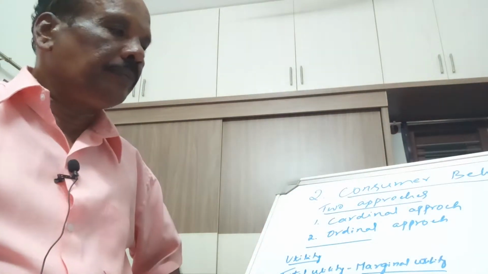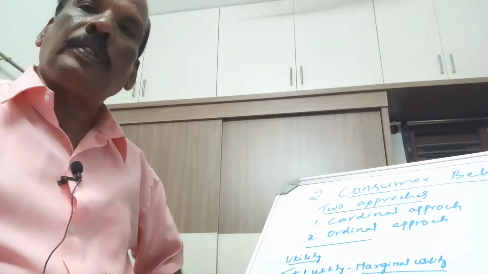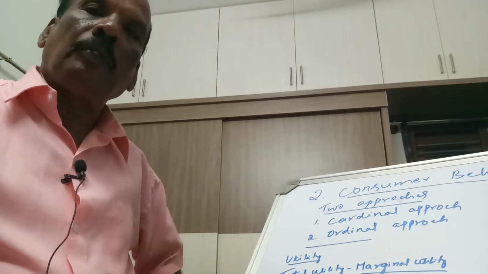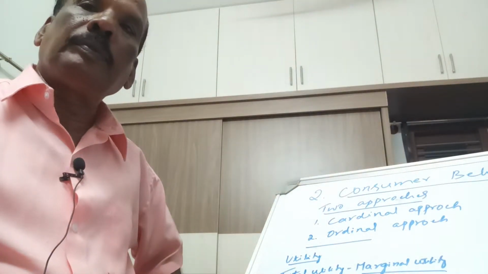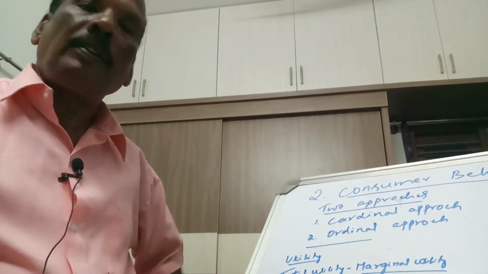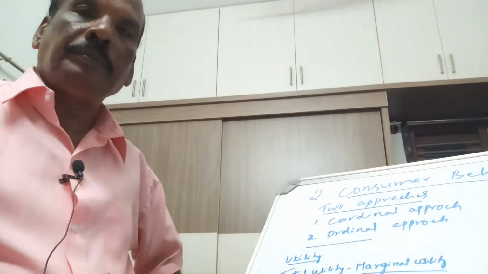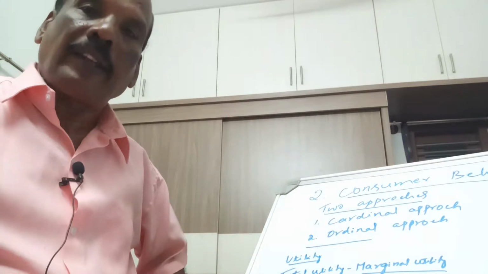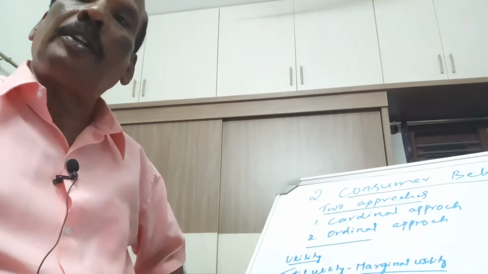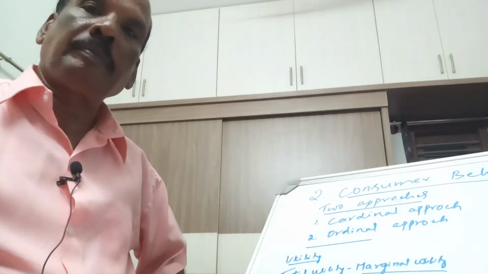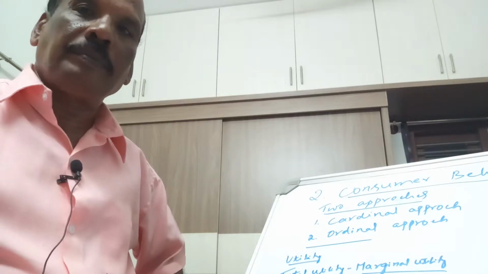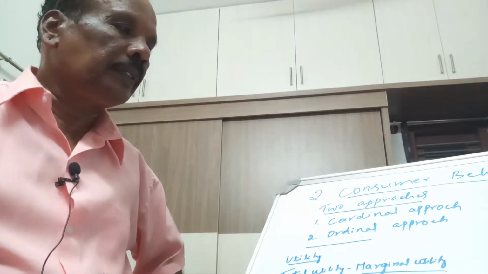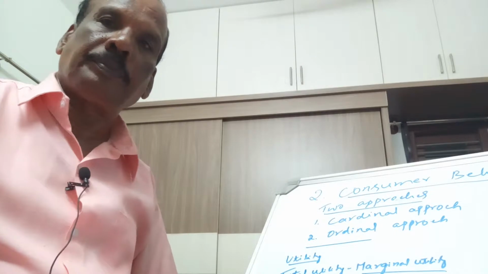The second approach is the Ordinal Approach, where utilities are not measured in cardinal numbers, but they are ranked according to preference. And it is an improvement over the Cardinal Approach.